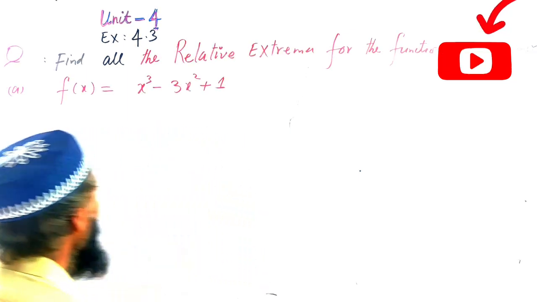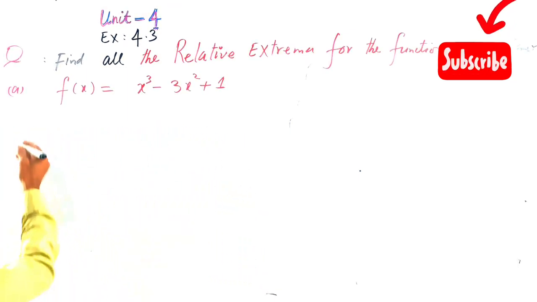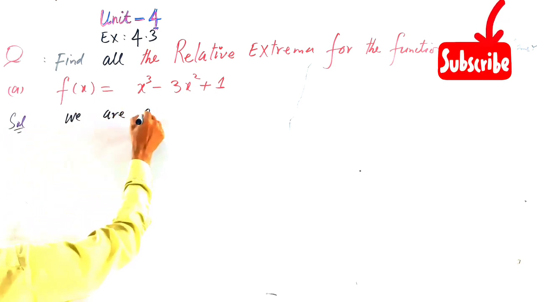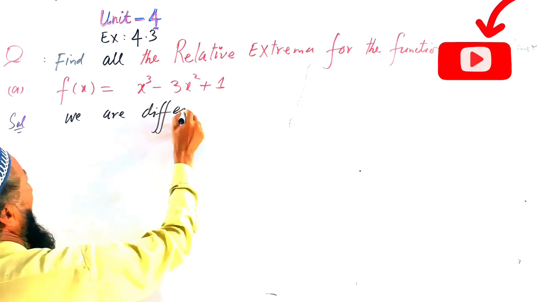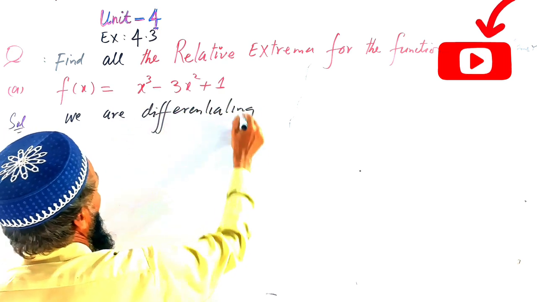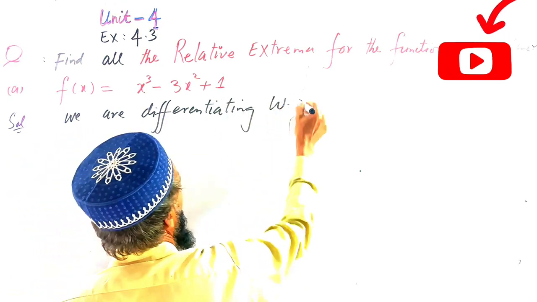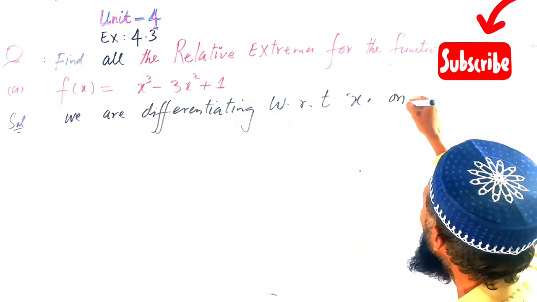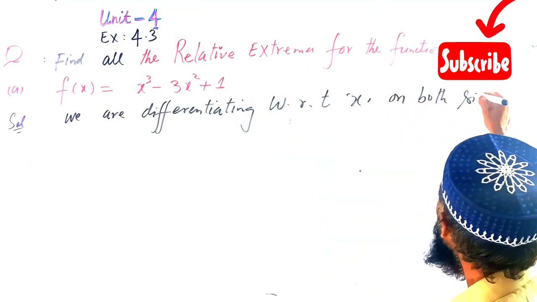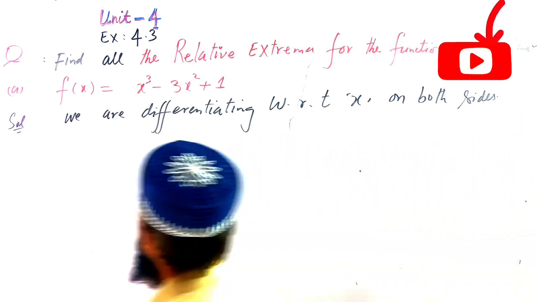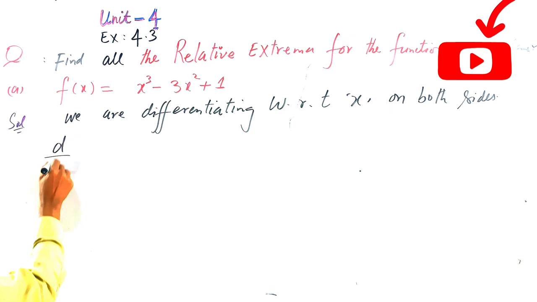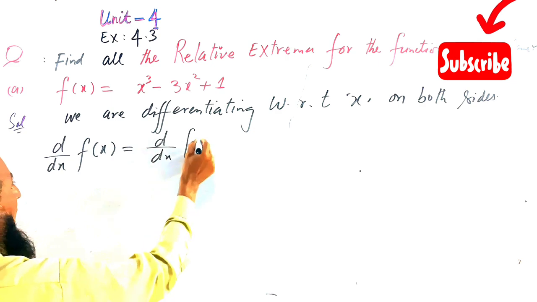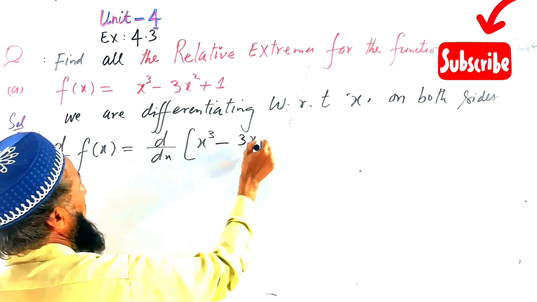So first of all, we are differentiating this function with respect to x, on both sides of this equation. dy by dx f of x is equal to dy by dx x cube minus 3x square plus 1.